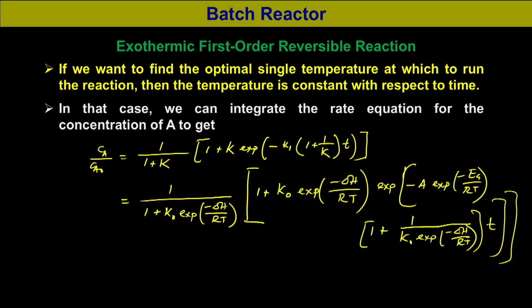Ca by Ca naught is equal to 1 by 1 plus K into 1 plus K into exponential minus K1 into 1 plus 1 by K into T. So, we can rearrange that.